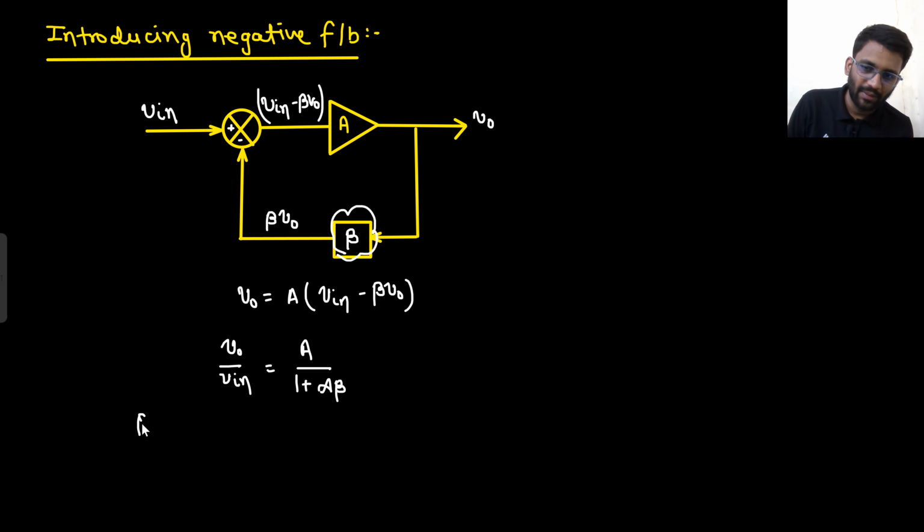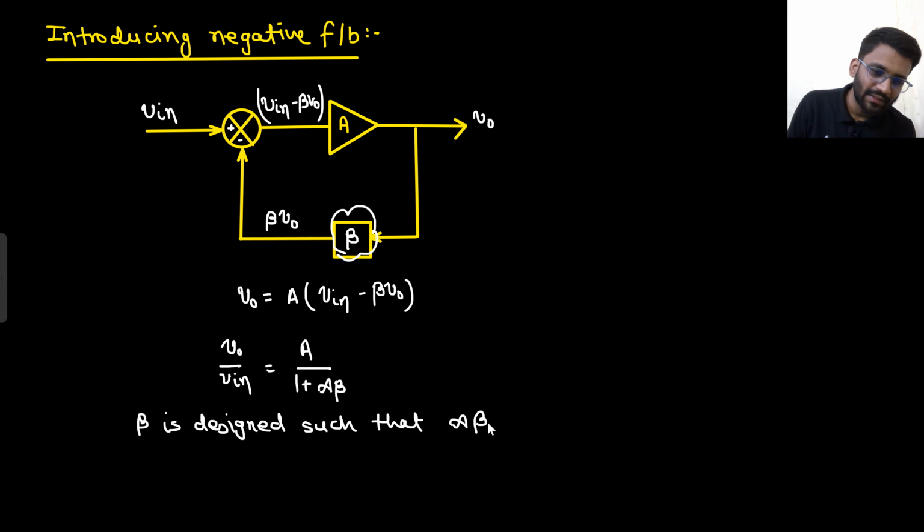So beta is designed such that A beta is very, very much greater than 1. So what can you write as Vo by Vin? If A beta is very, very much greater than 1, you can ignore this 1.